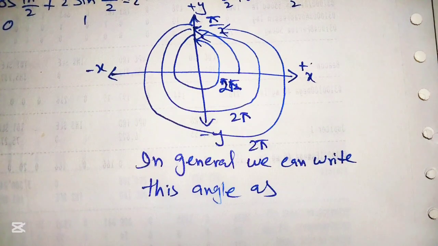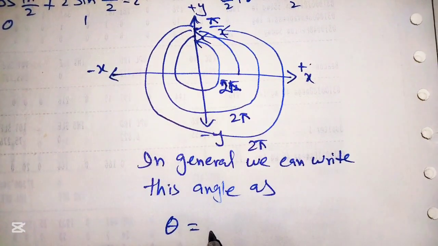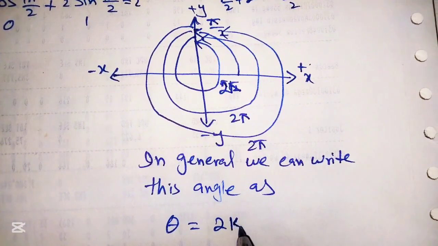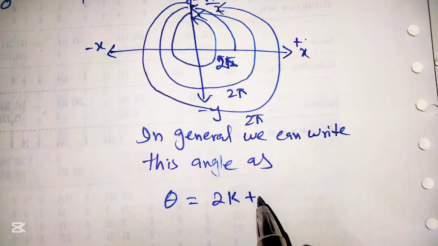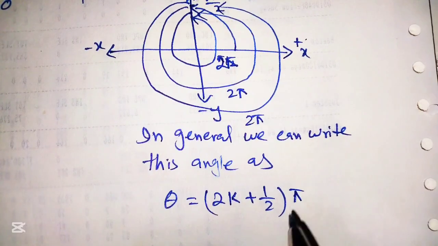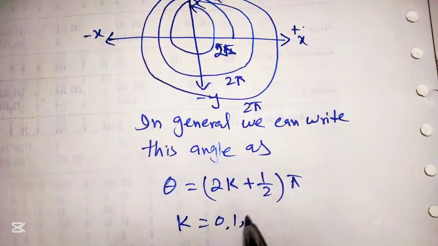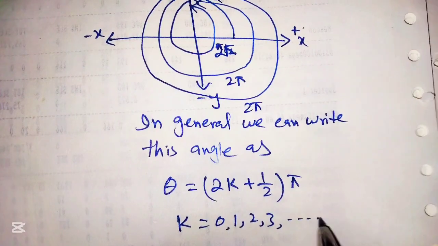So in general, we can write this angle as theta is equal to (2k plus 1) over 2 times pi, where the value of k is 0, 1, 2, 3, and so on.